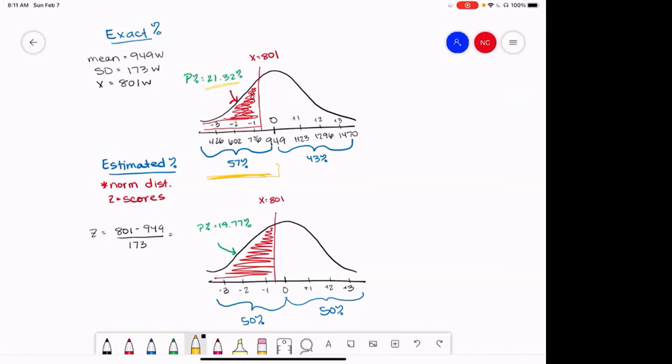Thus why the exact percentile is greater than the estimated one, right? There's simply just more data on that shaded area. So hopefully that helps make sense of the question that was on the activity, and really hits home and helps to further explain the difference between these two types of calculations.